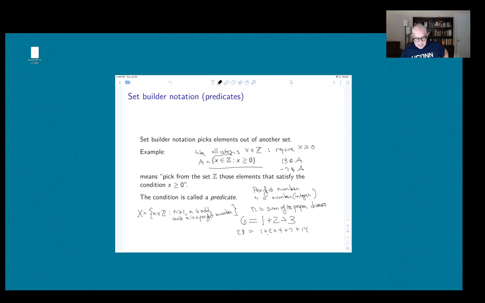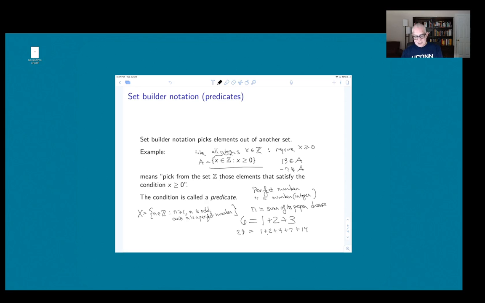I'm saying go through the integers and look for examples which are perfect numbers and are odd. The only problem with this set is that nobody knows whether there is anything that meets those conditions or not. So we don't know an example of an element of the set X. But not only that, we don't even know if X has any elements at all. It's an unsolved problem in mathematics.